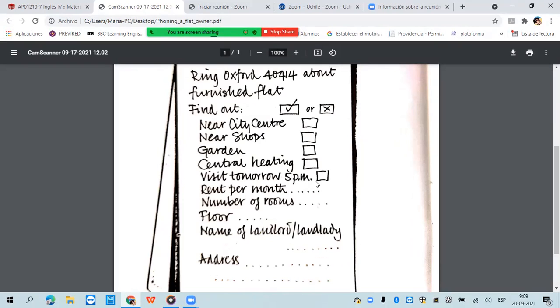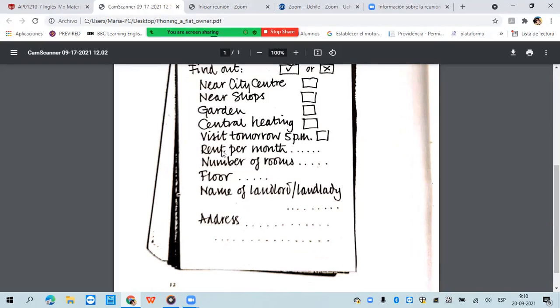Visit tomorrow 5 p.m., yes or no. And then some information: rent per month, number of rooms, floor, name of landlord or landlady, and the address. Is it okay? Do you understand?